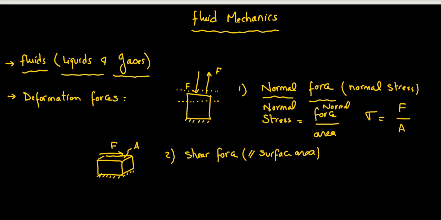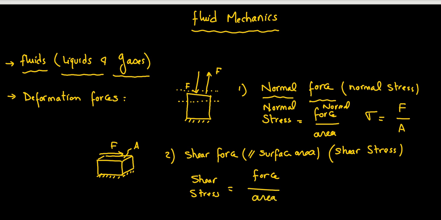Shear force will result in the formation of shear stress. Shear stress is the applied force over the area, and shear stress takes the symbol tau, force divided by area.